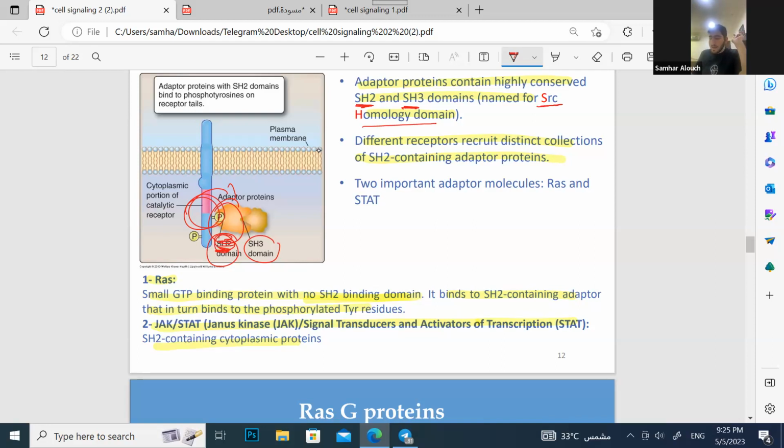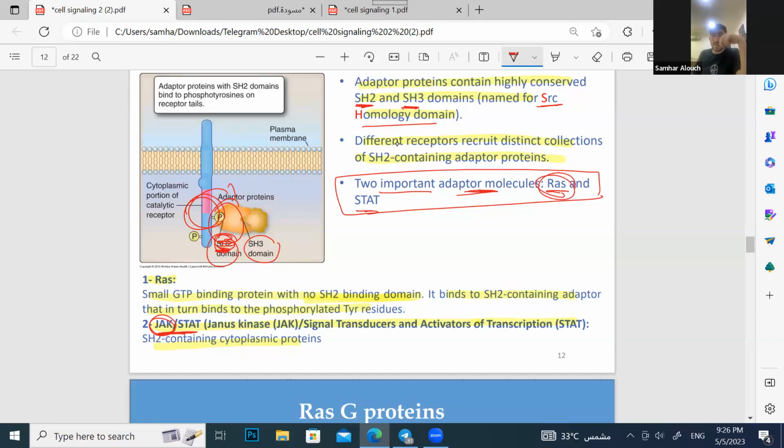Okay. Other than SH2, we have the Jak-Stat. Okay, or Jak. We already mentioned Jak as an adapter protein, and it needs to bind, then it has its own tyrosine kinase to activate. This line is not so correct. Here, two important things need adapter molecules, which are Ras and Stat.